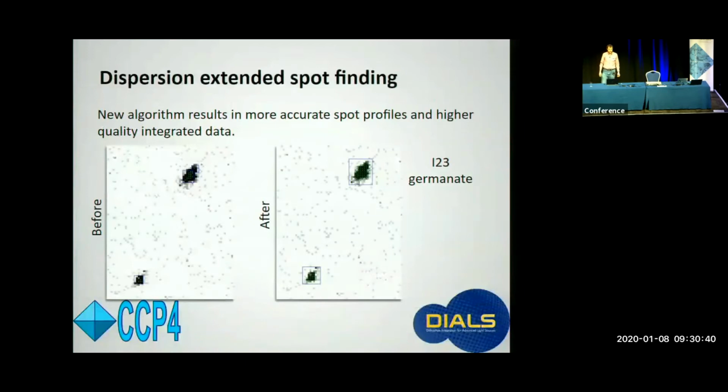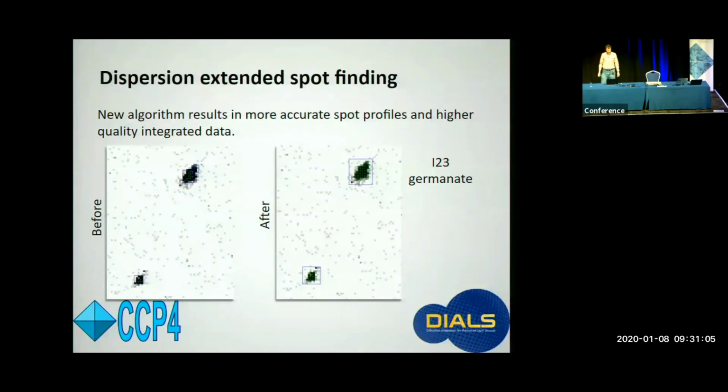There's a new spot finding algorithm within dials. The old algorithm is still selectable, but the new algorithm gives better results in most cases. So what we found is that the previous algorithm would tend to produce spots that were a little bit too tight around the strong pixels. And in fact, this spot here has been split into two. It thinks that this is a spot and this is a spot.